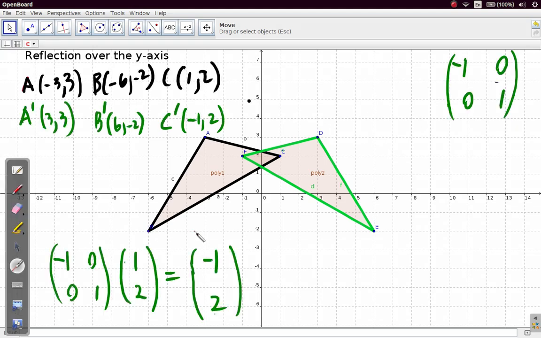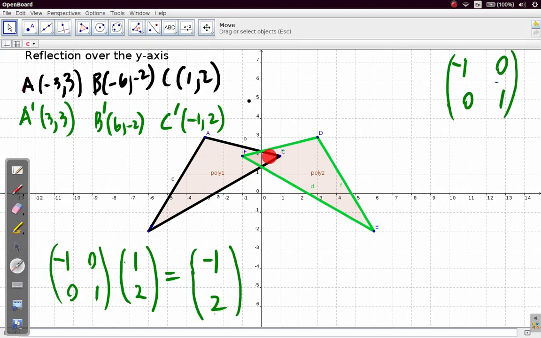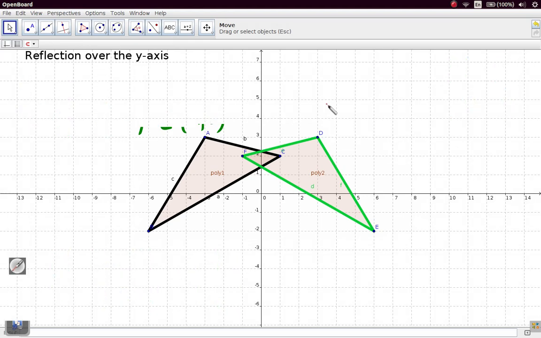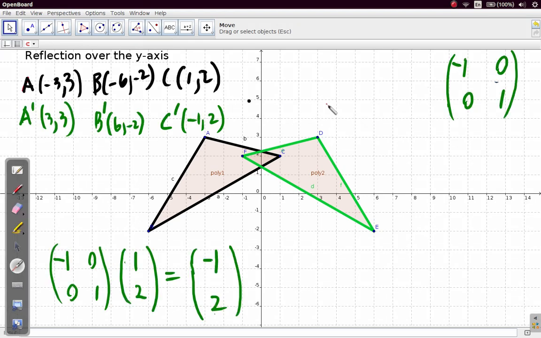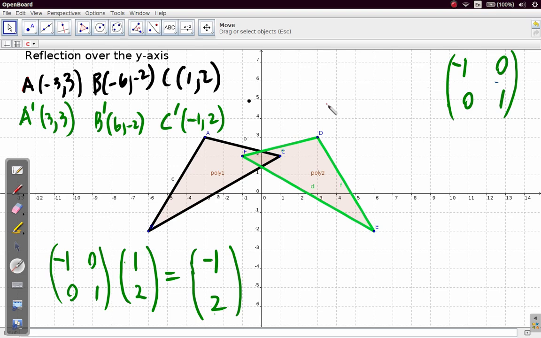B was on the left, it reflected over the y-axis to the right. C was on the right, it was reflected over the y-axis onto the left. So there we have the black triangle, our original triangle, and the green triangle, which is our image, the reflected triangle.